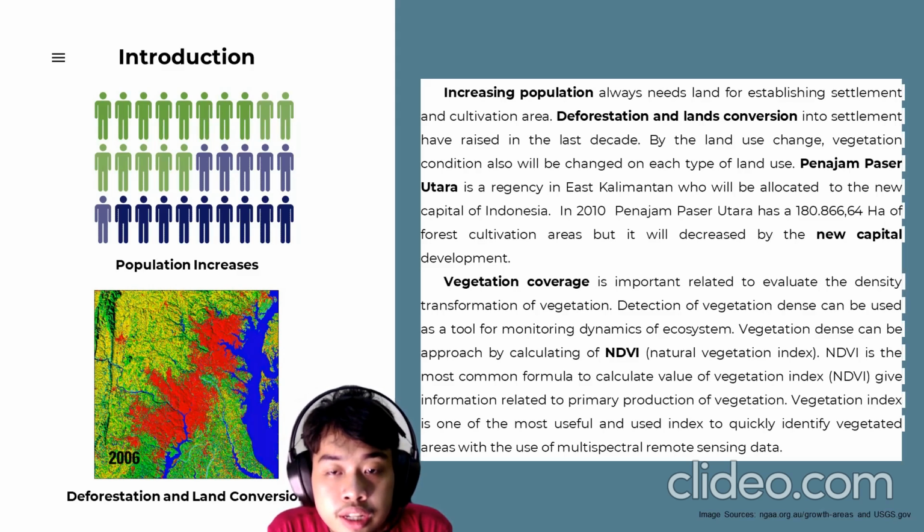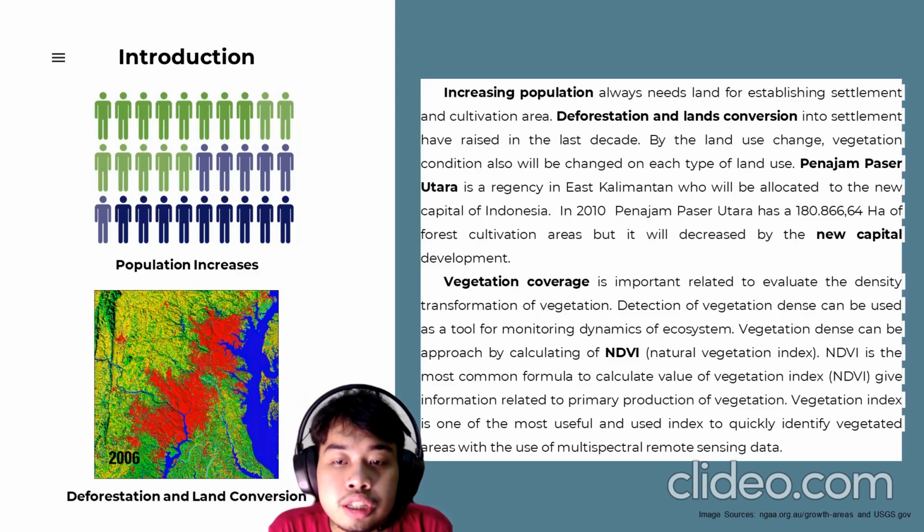The vegetation coverage is important to evaluate the density transformation of vegetation. Detection of vegetation density can be used as a tool for monitoring the dynamics of the ecosystem. Vegetation density can be approached by calculating NDVI, or normalized difference vegetation index.